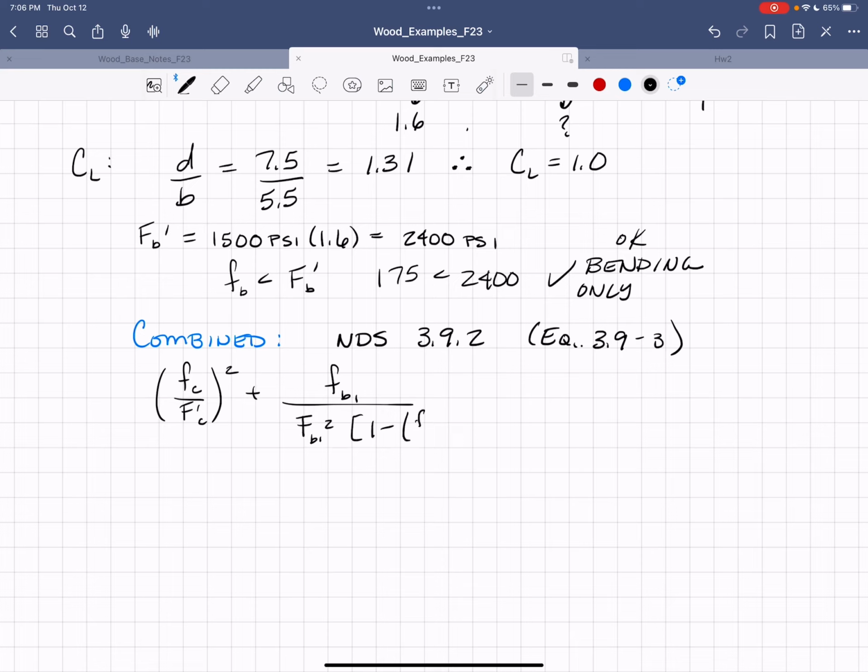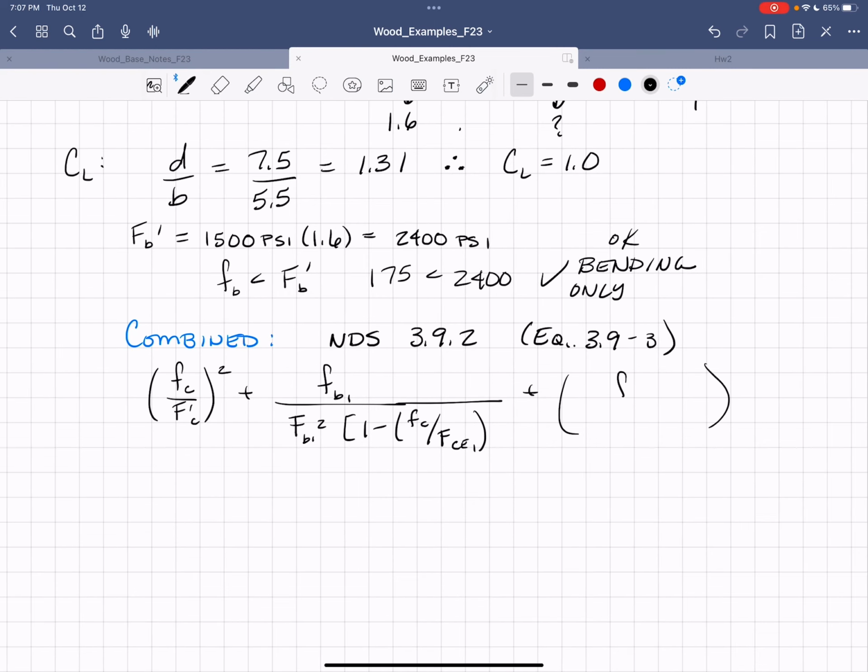I'm just going to write this instead of copying all of it out. You have this equation, so if you can't see what I'm writing, go there. And then there's the same equation, the f sub b2 one.